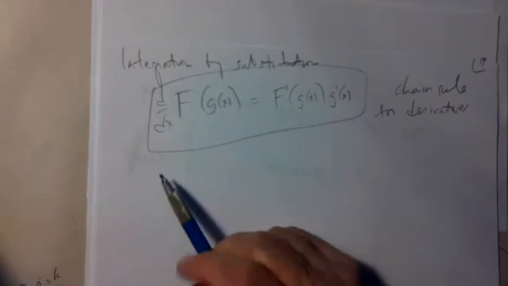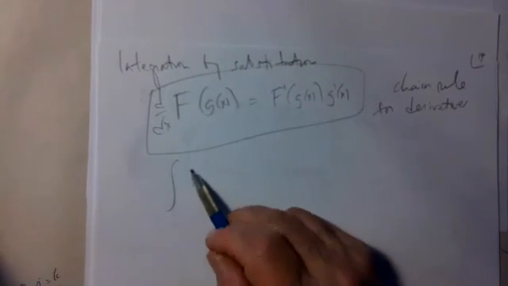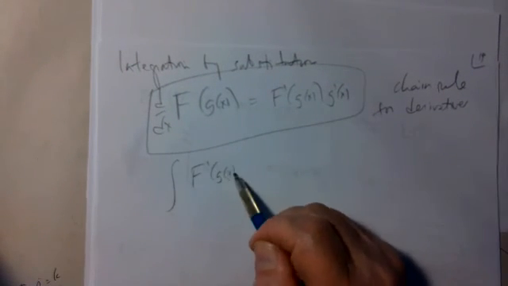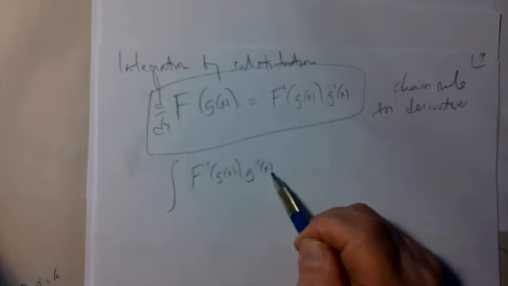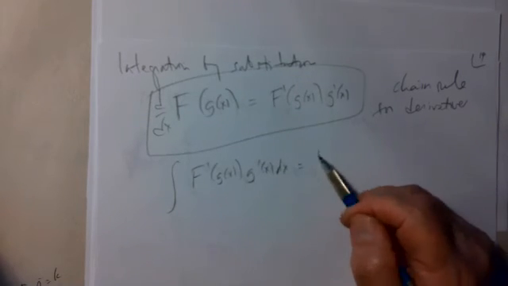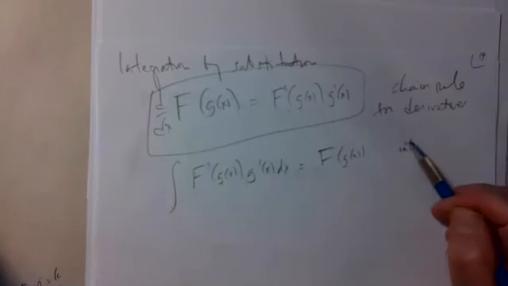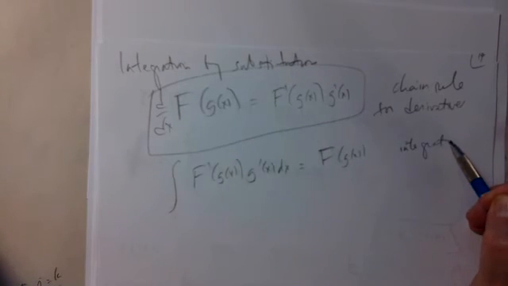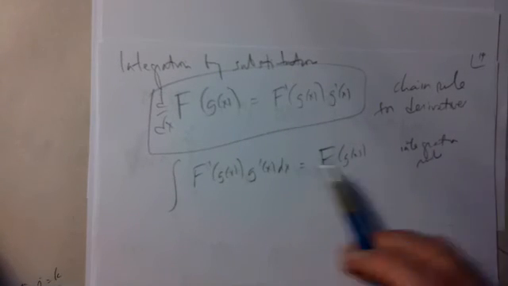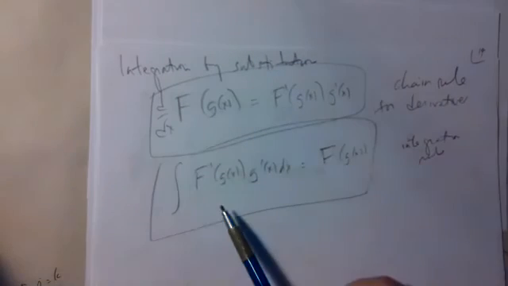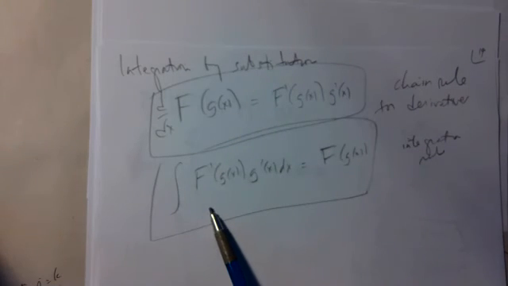So that means that the antiderivative of f prime of g of x times g prime of x dx is equal to f of g of x. This is an integration rule. Whenever you have something you're integrating which looks like this, this is the answer.